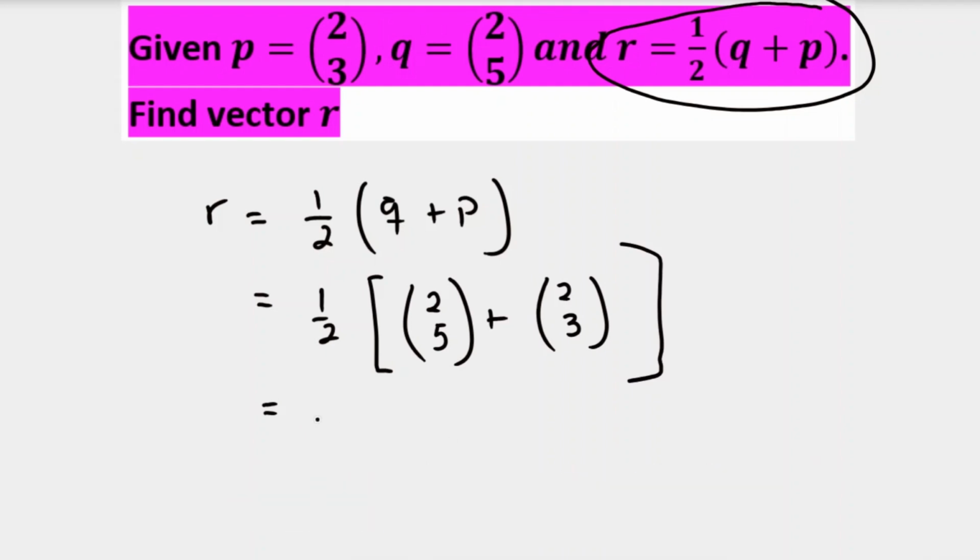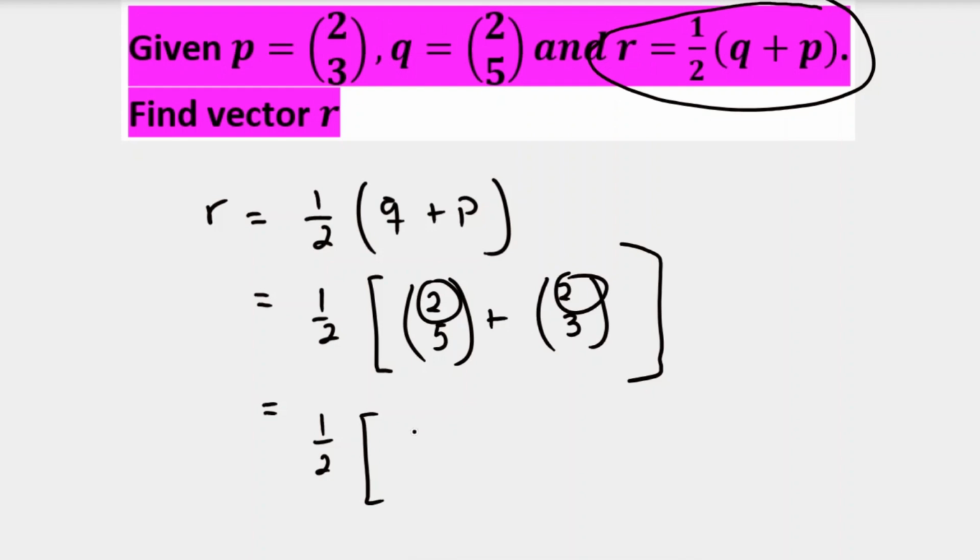Now, we have to simplify the ones in the bracket before we even multiply the scalar, which is half, by it. So I have to maintain half outside the bracket. And now inside the bracket, we have the vector Q plus the vector P. You should remember that in adding vectors, we add corresponding components. So 2 and 2, they are corresponding.